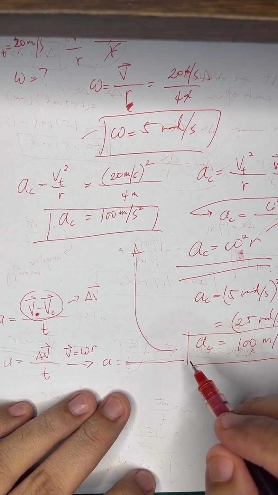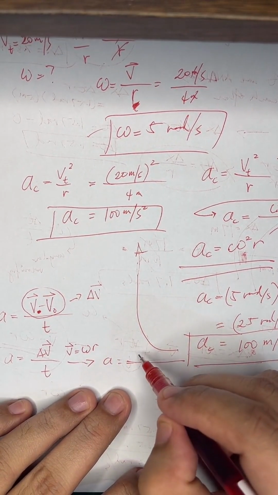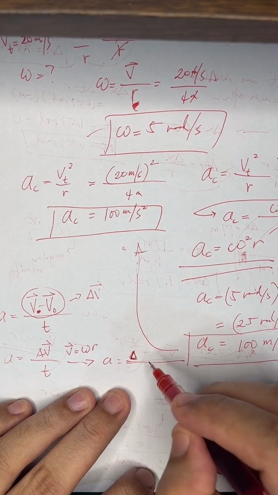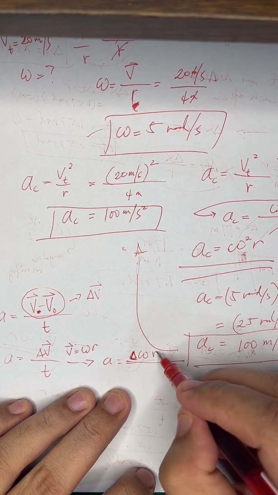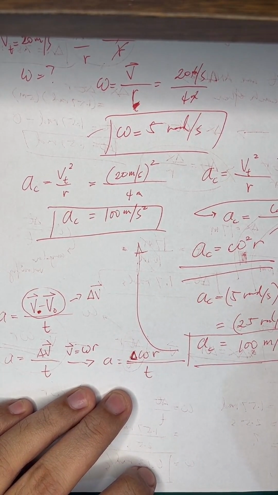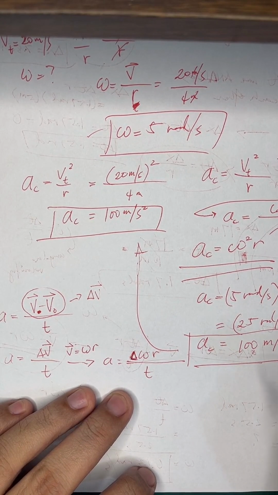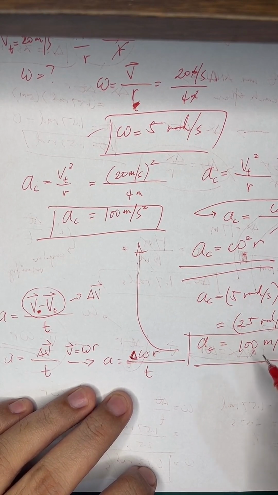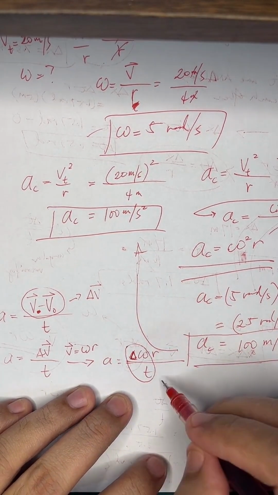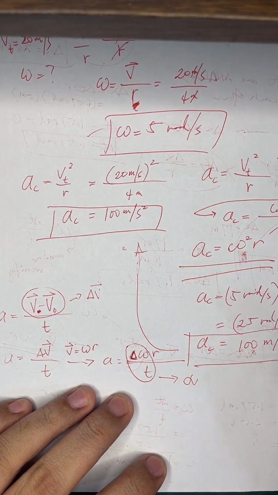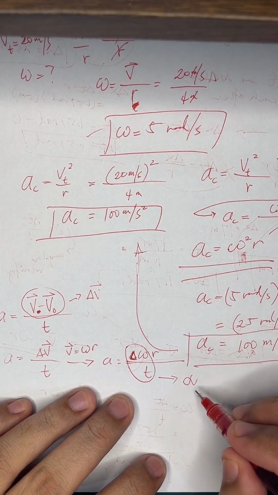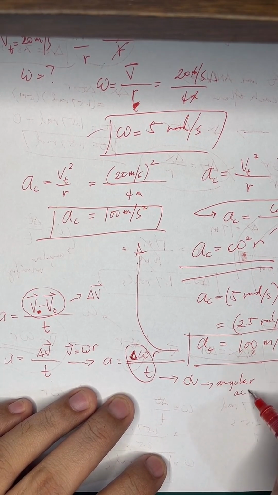A is equal to delta omega R over T. So what we see here, delta omega over T is alpha. That's alpha, or also known as angular acceleration.